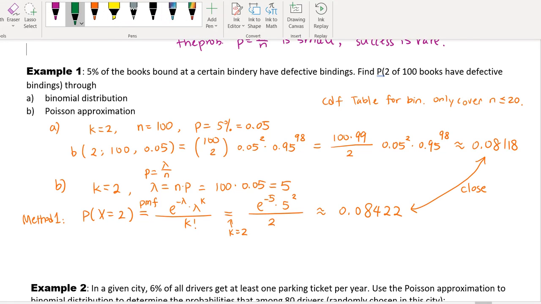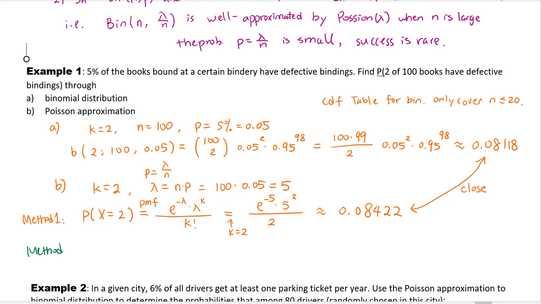Method 2 is to use the CDF to compute. So P(x equals 2). Well, remember, how do you compute x equals 2? That is P(x less than or equal to 2) minus P(x less than or equal to 1), right?